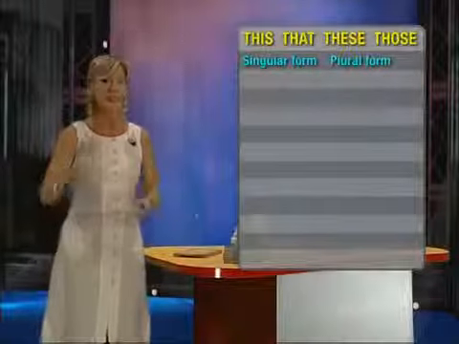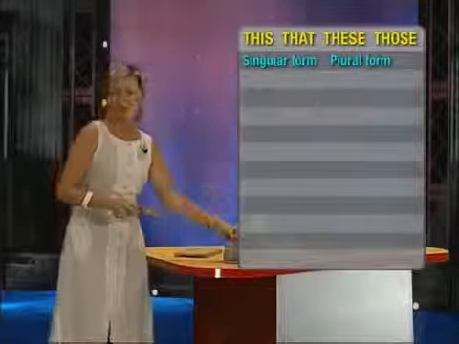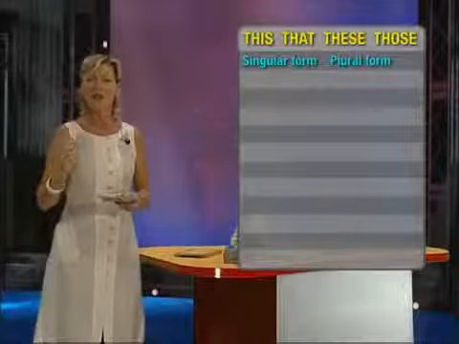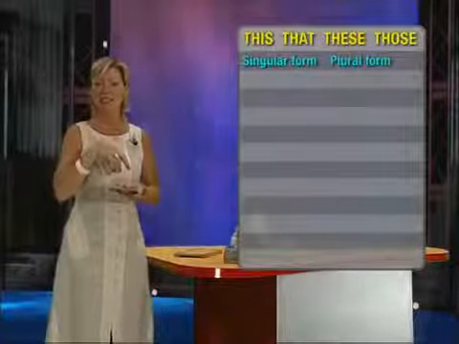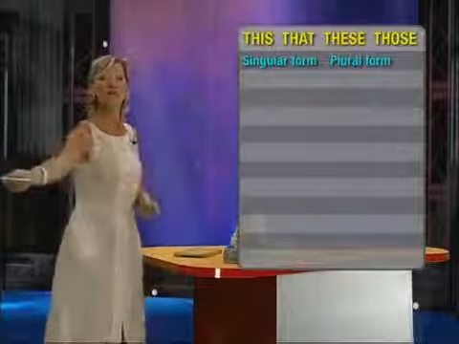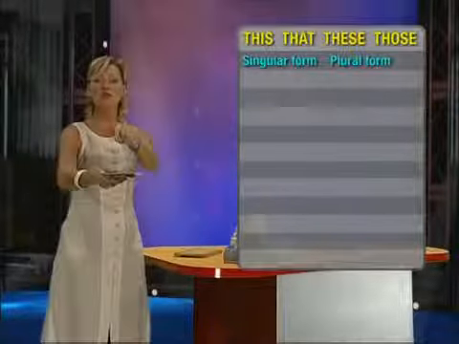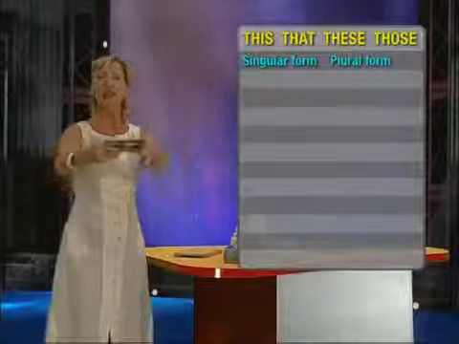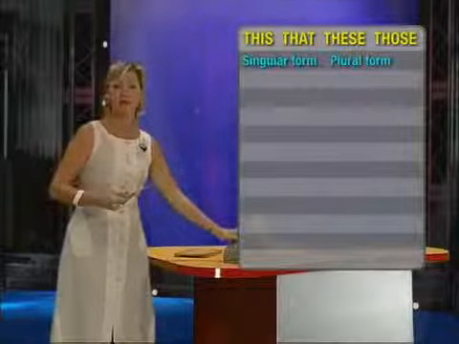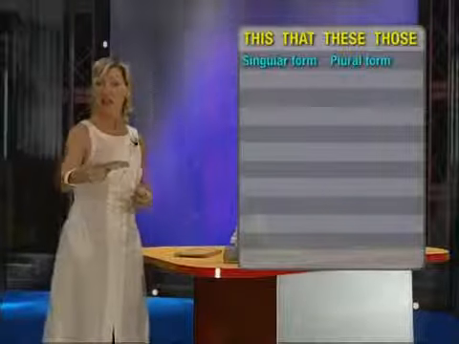All right? We hear this very often. Let me take two, plural. Now we say these CDs. When they're far from you, we say those CDs. Okay? So these, those, one, this, that.